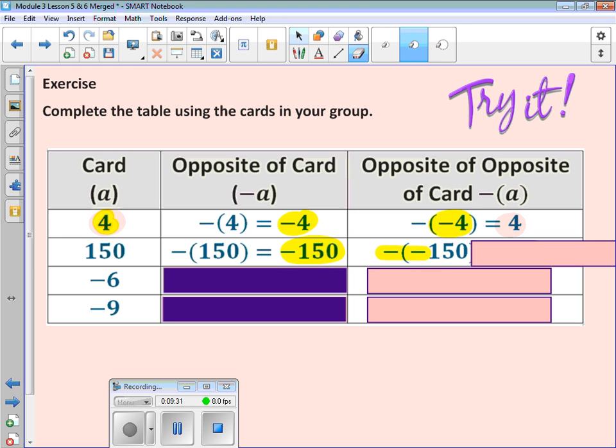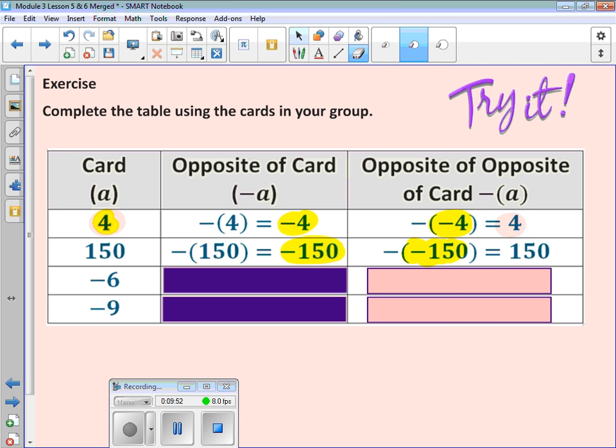So here's our original, our answer. We put the parentheses around it, and then another opposite symbol, and that equals positive 150. The opposite of negative 150 is 150.